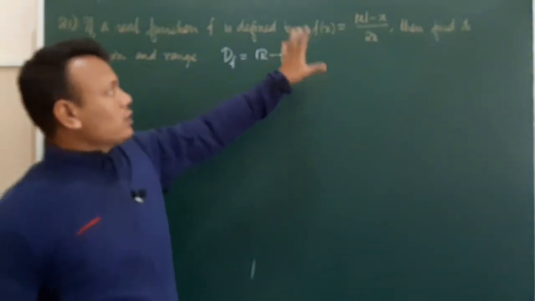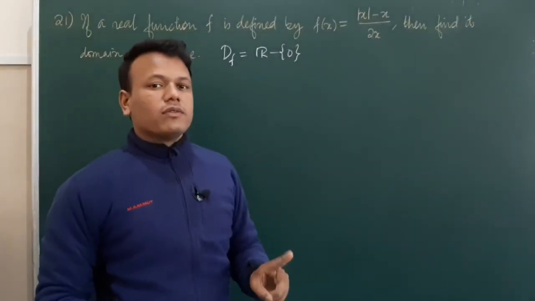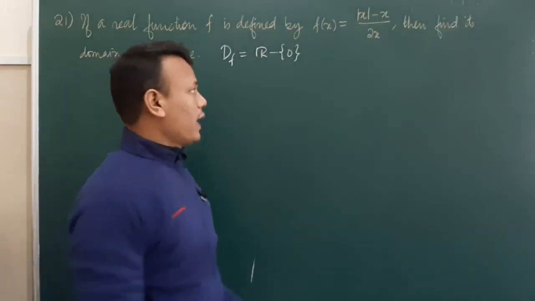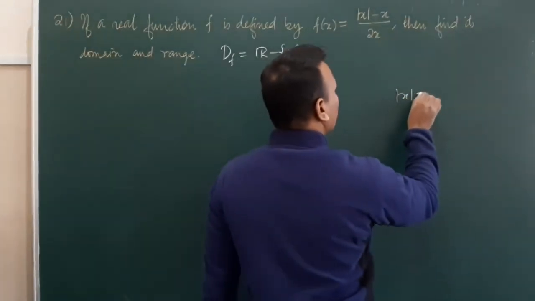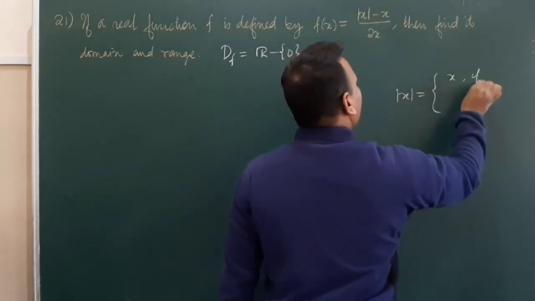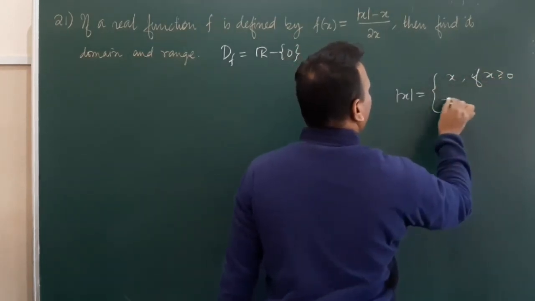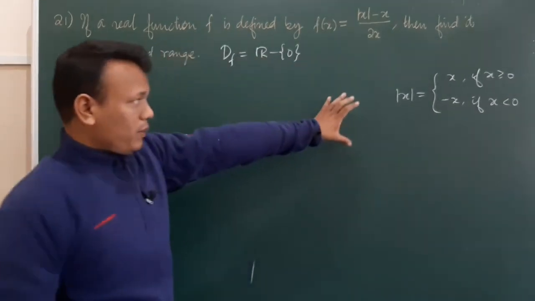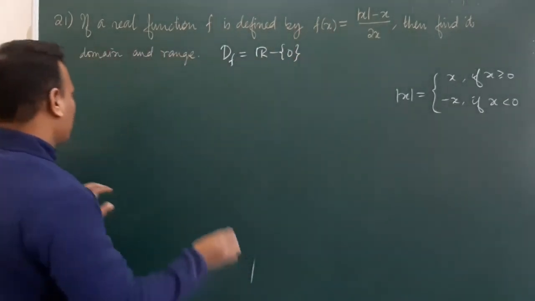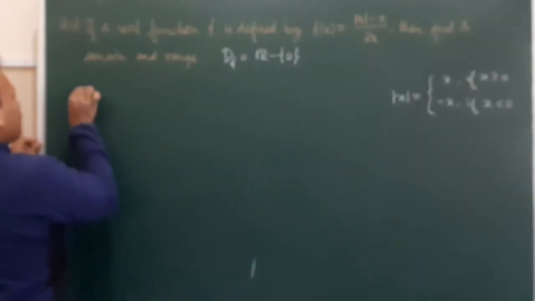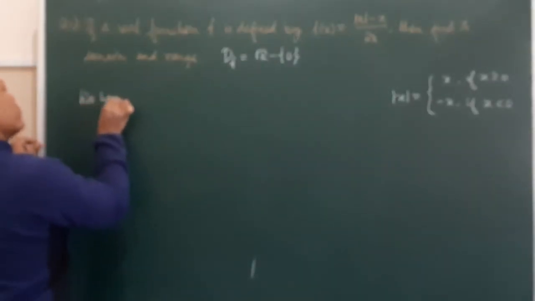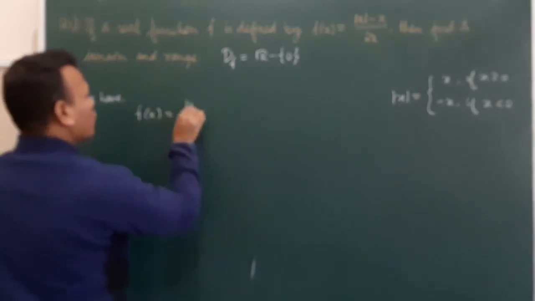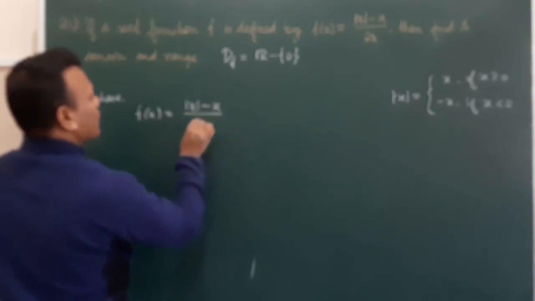Now let's find the range. Range means all possible values of f(x) should be put in a set. And we know one more thing, that is the definition of the modulus function, which says x if x is greater than or equal to 0 and minus x if x is less than 0. Let's make use of this formula here. So we have f(x) equals (mod x minus x) by 2x.